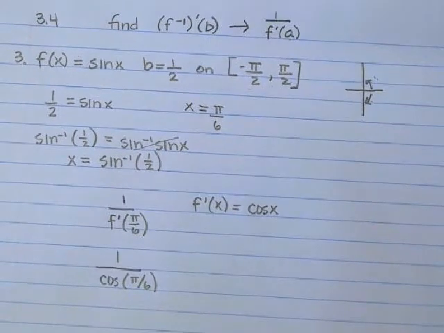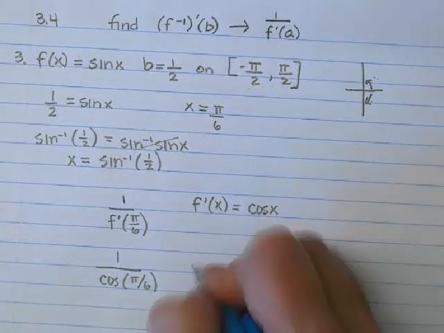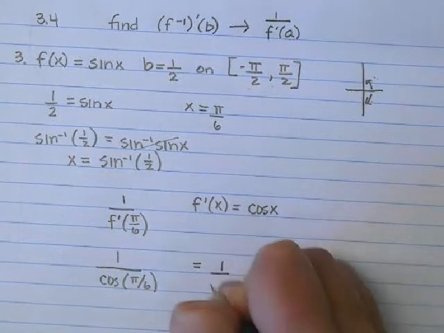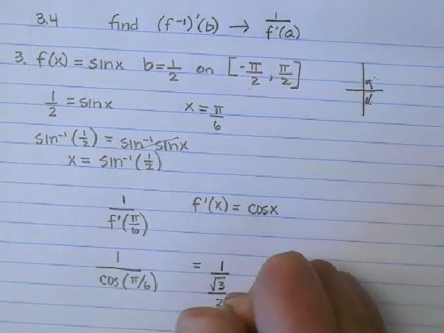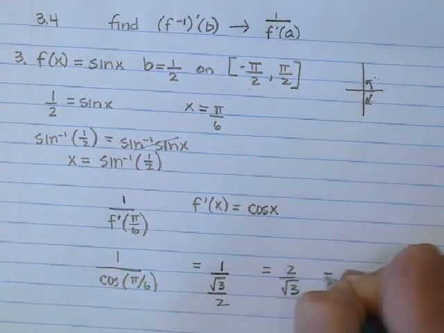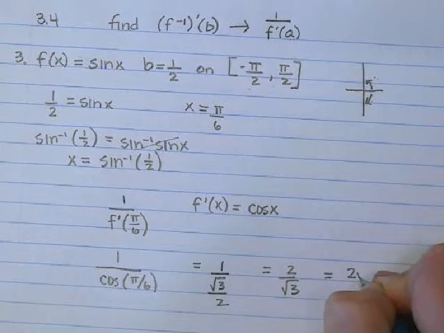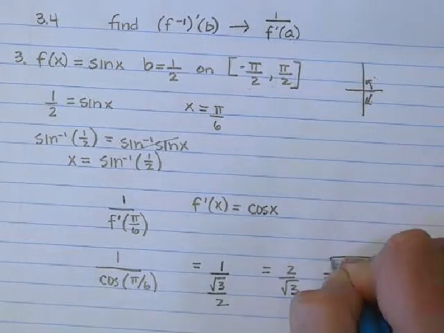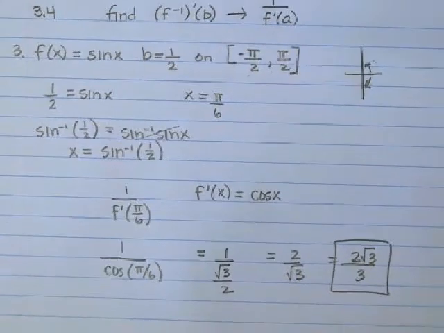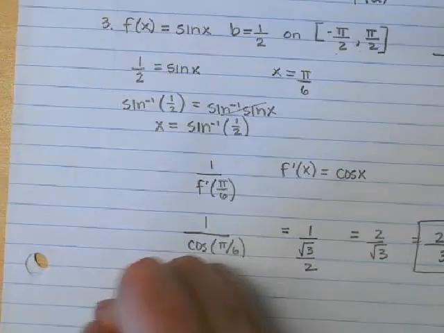And the cosine of pi over 6 is going to be square root of 3 over 2. So let's see, 1 over square root of 3 over 2 would be 2 over the square root of 3, which is 2 radical 3 over 3.